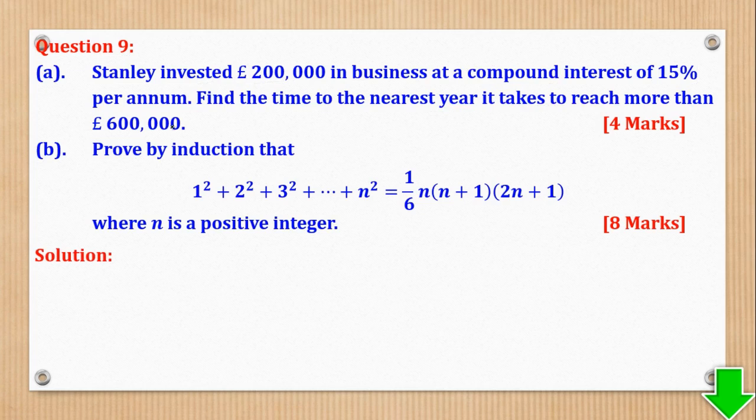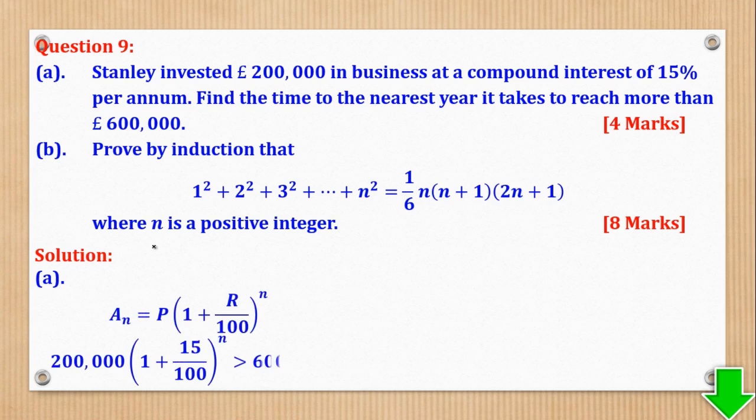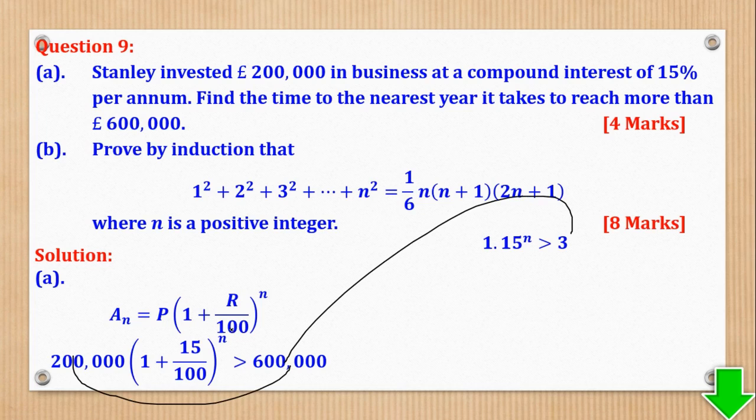So first we shall quote the formula for compound interest amount, then we shall substitute. So P is that, R is that, and they say that this amount should be more than. So more than, that's why we are using the inequality sign of greater than. Then from there we shall simplify. This 200,000 goes this side, becomes 3 when you divide.